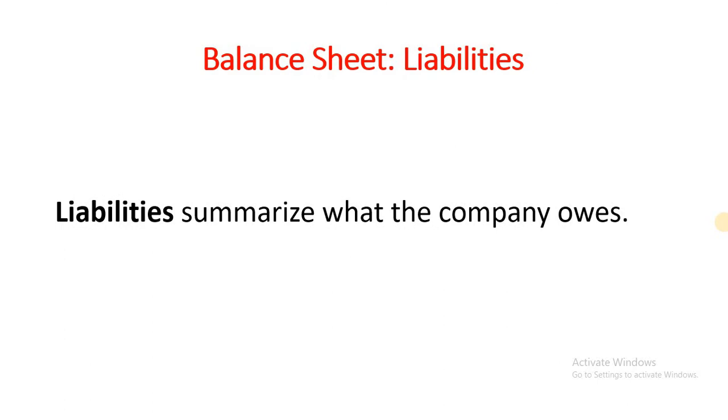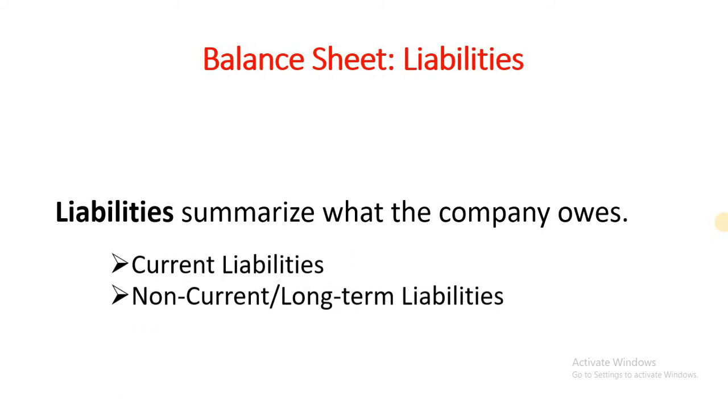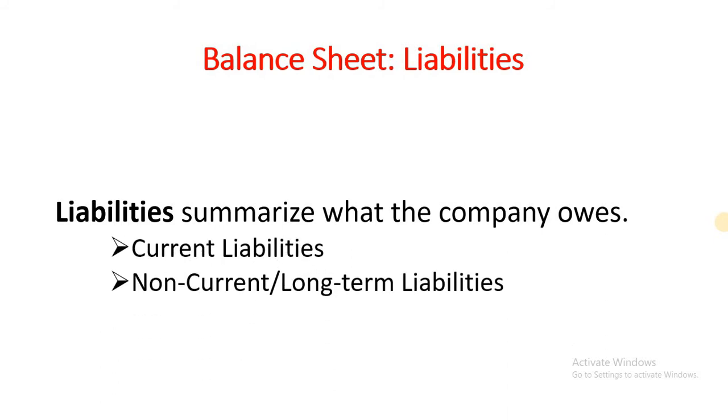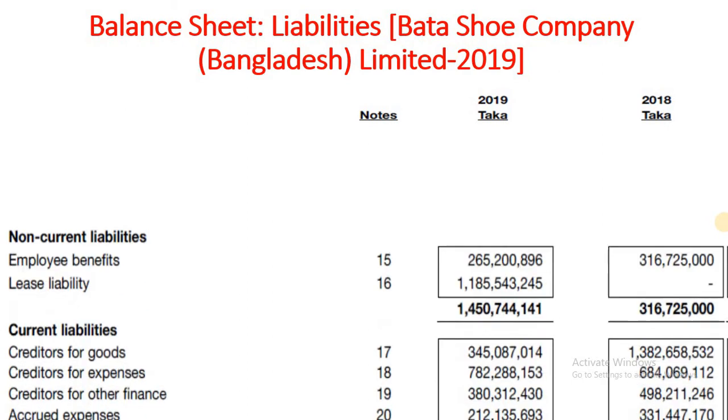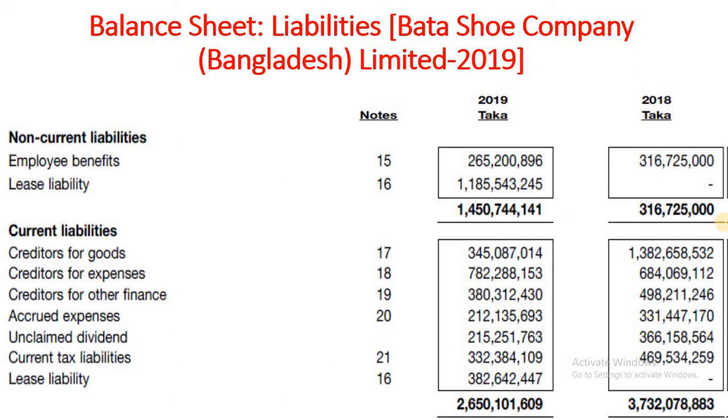Liabilities summarizes what the company owes. Like assets, there are two types of liabilities, current liabilities and non-current liabilities. If you look at the liabilities on the balance sheet of Bata Shoe Company Limited, you'll easily find that there are two broad categories of liabilities.